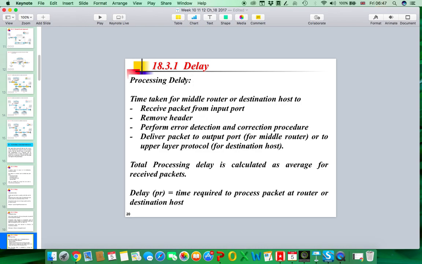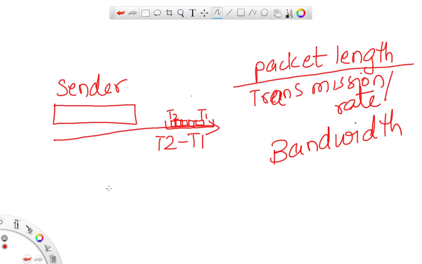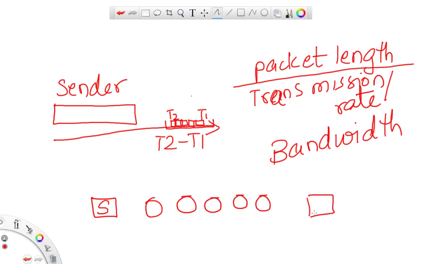So the processing delay, if you see in the figure, just a quick explanation, we have the sender, we have all these routers in the middle, and we have the destination. You won't have processing delay at the sender, because the delay will only start when the sender sends the packet out. So there's no processing delay for the sender.